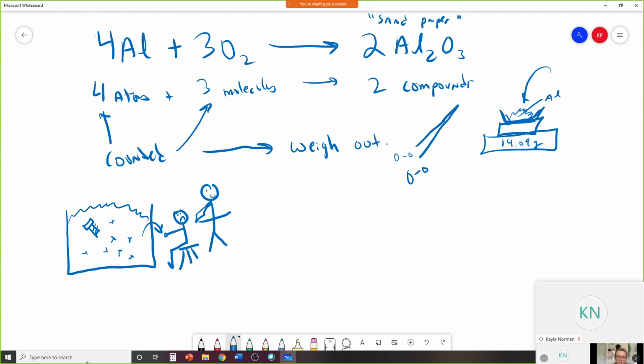Well, what you do is you take one bolt and you put it on a scale. And you say one bolt is 2.00 grams, and that's a bolt. All right? And then you take off that bolt, you go grab a forklift.